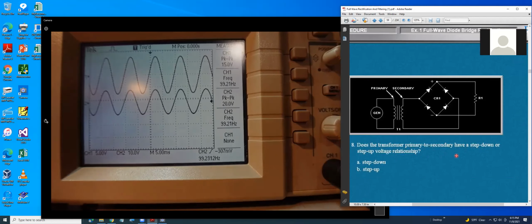The input voltage, 15 volt. Channel 2, 20 volt. That means the input applied to the primary is 15 and the secondary voltage is 20. So it will be a step up.